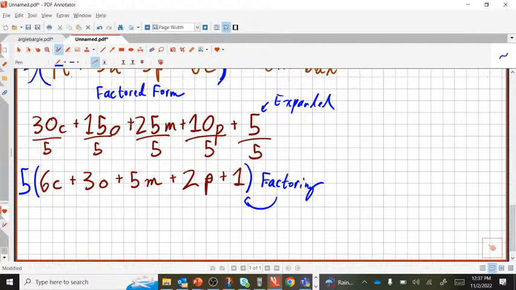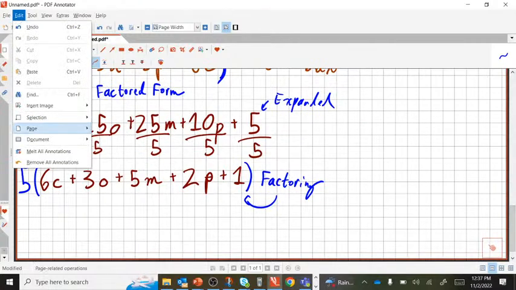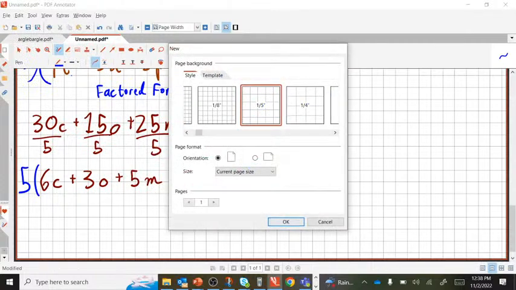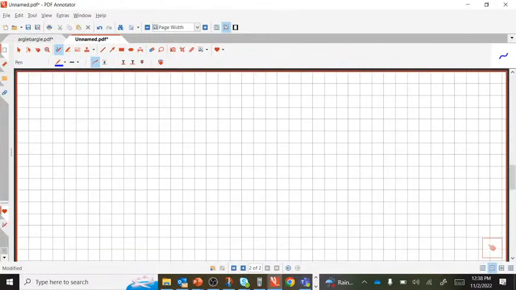Let's see here, guys. I have something for you. Let's say that you bump into somebody from another class and they have 27 minus 6b. They said that's what they got as their answer, but they don't remember what they did.